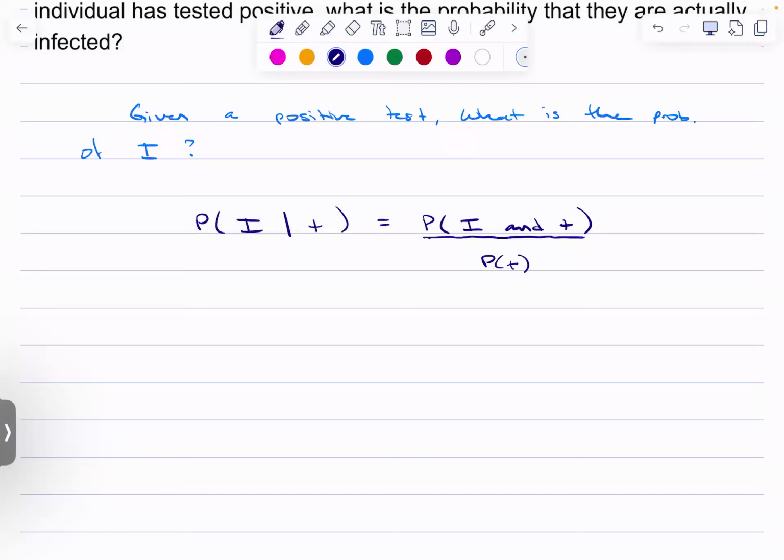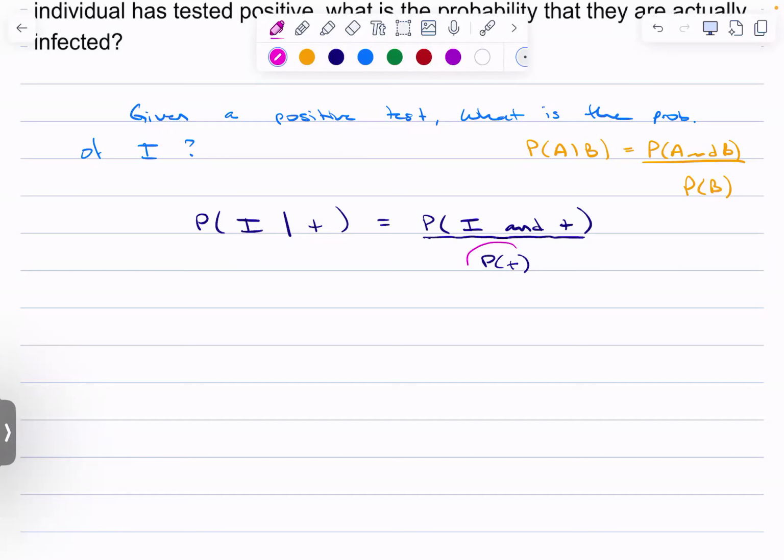And that's mapping from your formula sheet. On your formula sheet, you have the probability of A given B is the probability of A and B divided by the probability of B. Right? Wherever you see an A, you're going to write I, and wherever you see a B, you're going to write a plus. Okay.